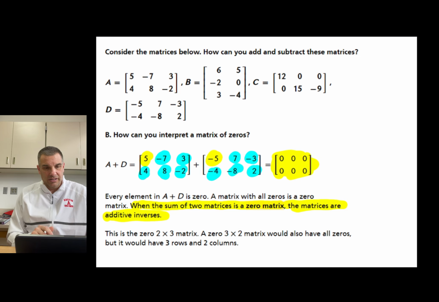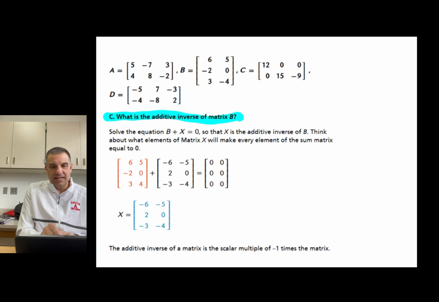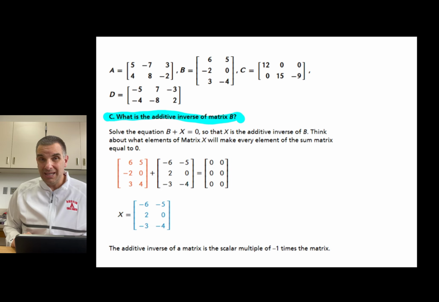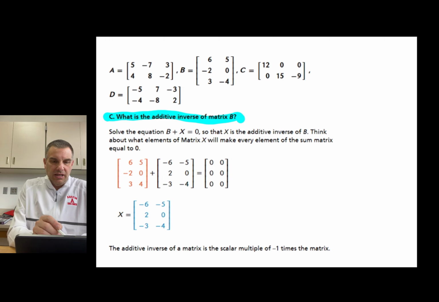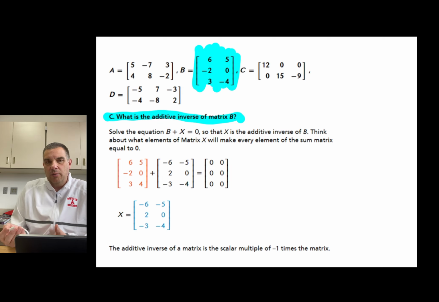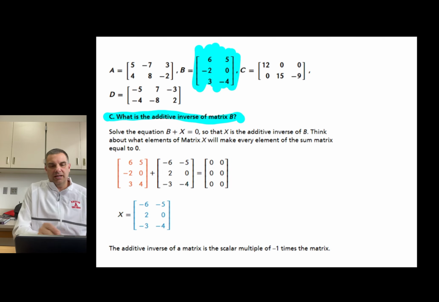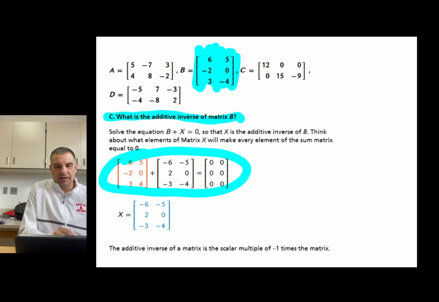Here's another example of what an additive inverse is. It's asking what the additive inverse of B is in this case. They make it a lot more complicated here than it probably needs to be.